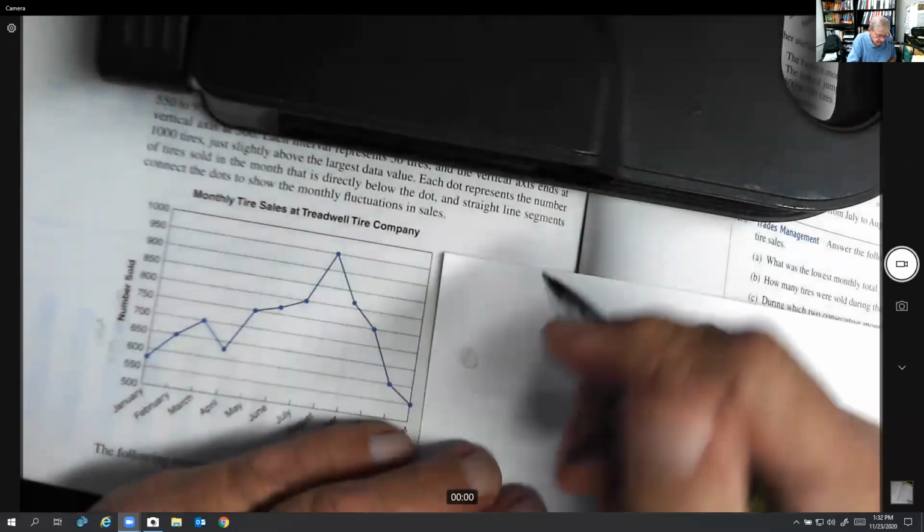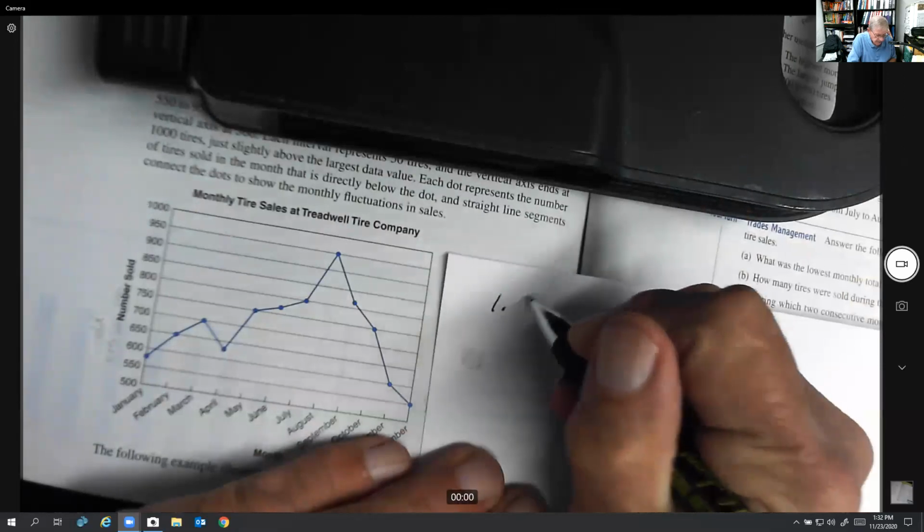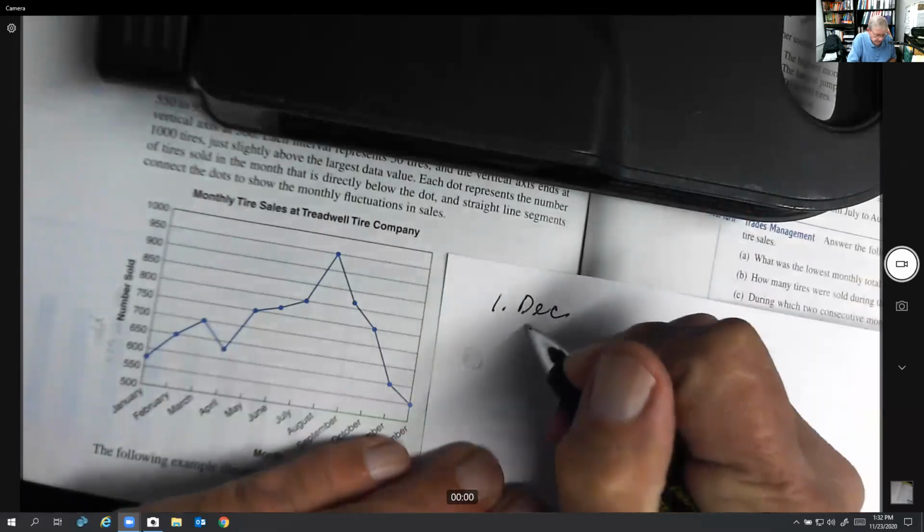So that was this amount right here. The lowest monthly total that they ever sold was in December, and that was 550. So that's the lowest monthly total. I put number 1 here, December 550.